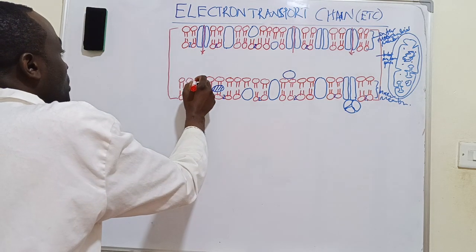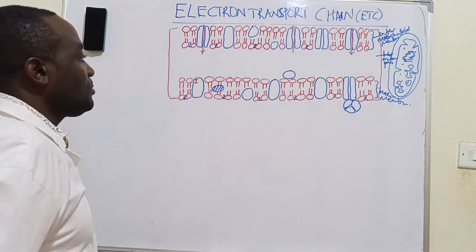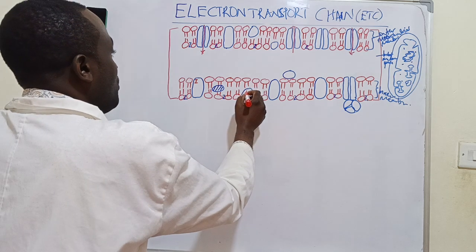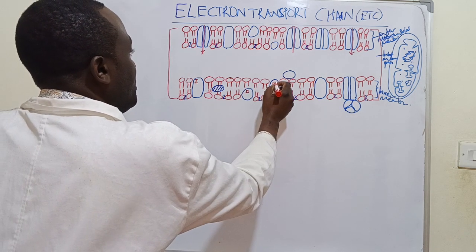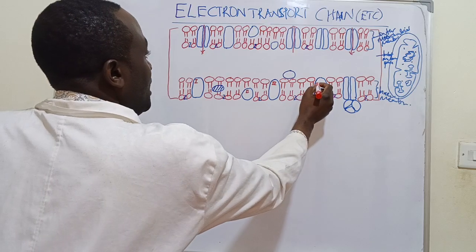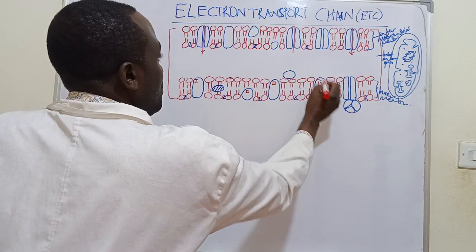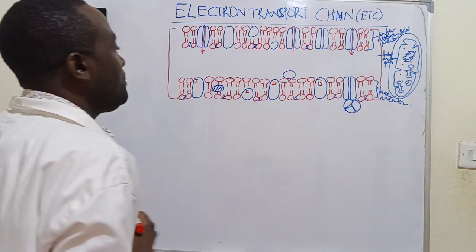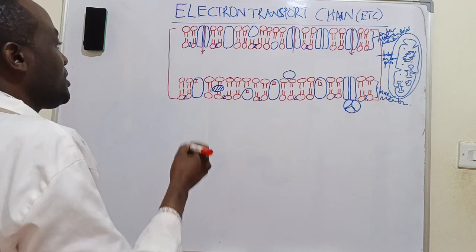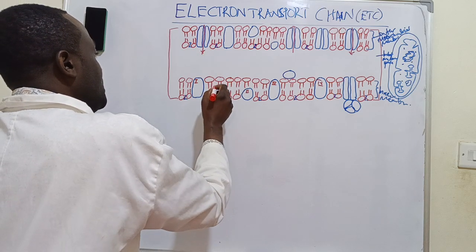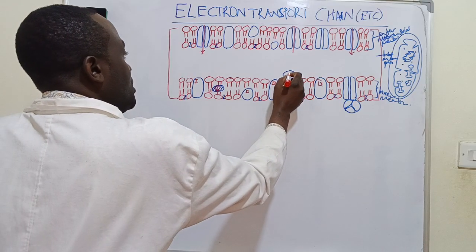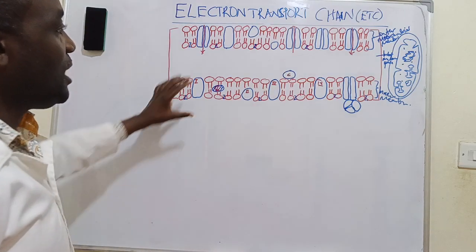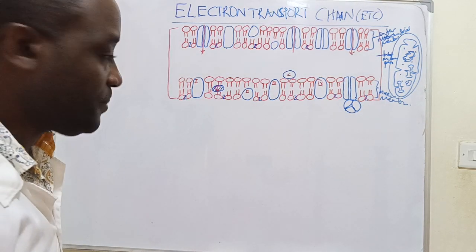It is made up of complex 1, complex 2, complex 3, and complex 4. Now, it has got a substance called Q and a substance called C. So that is the electron transport chain.